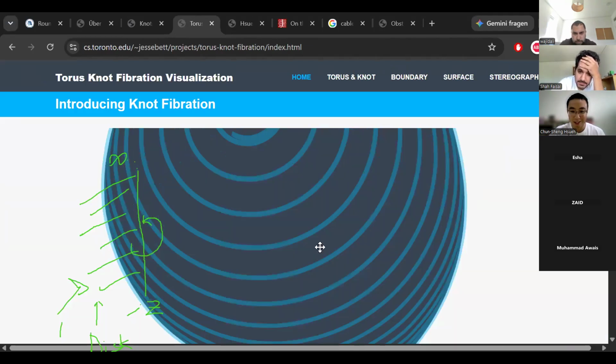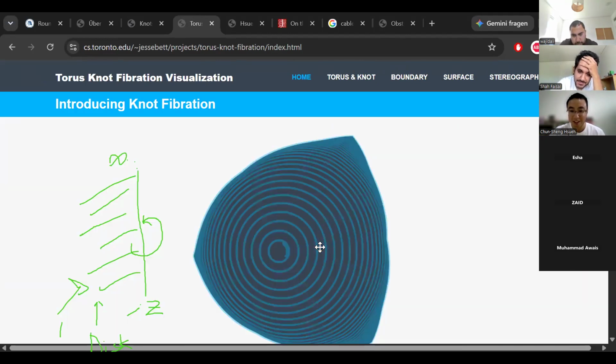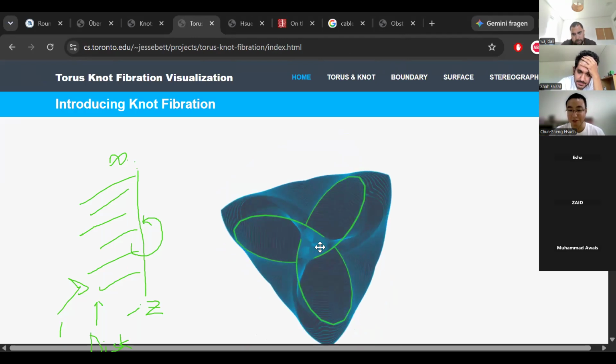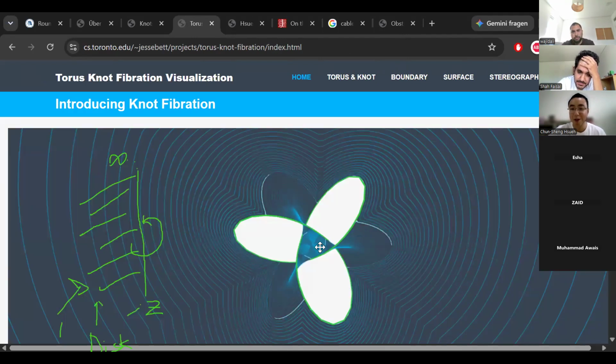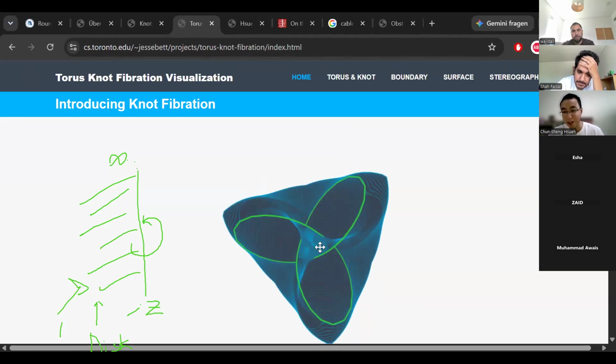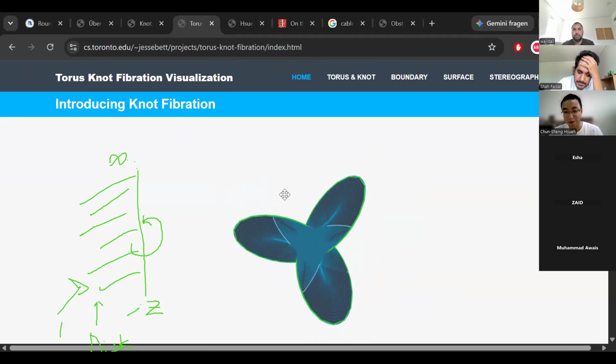I hope in this projection, this is the trefoil, and it's showing you the fiber surface for the trefoil. If I pause the video, you would see one fiber surface. While it's running, it's showing you the whole S1 family of them.